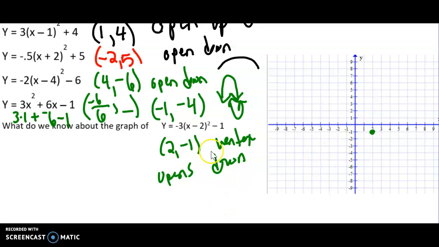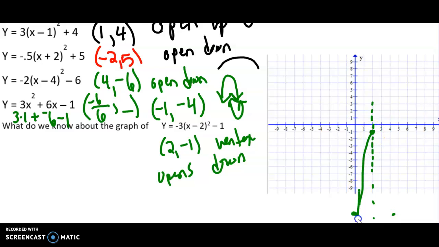I might find the y-intercept by putting 0 in for x. 0 minus 2 is -2. -2 squared is 4. -3 times 4 is -12. Minus 1 is -13. Goodness sakes, I'm always 10, 11, 12. Sorry, I gave you things that didn't fit. So because x equals 2 is my axis of symmetry, I know that since 2 away gave me -13, 2 away in the other direction is also going to give me -13.